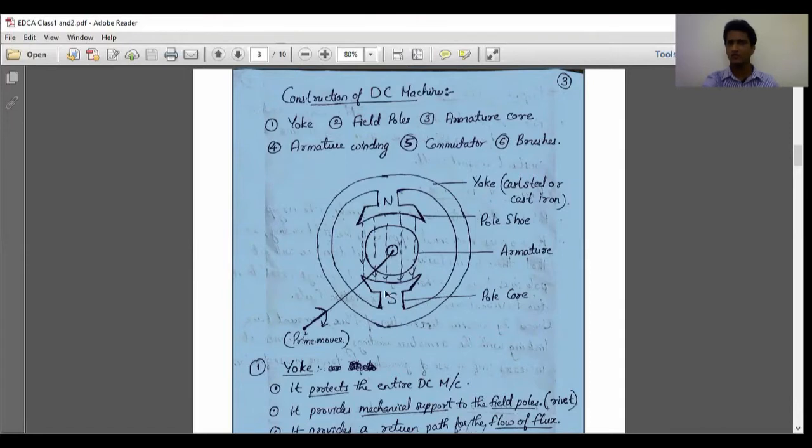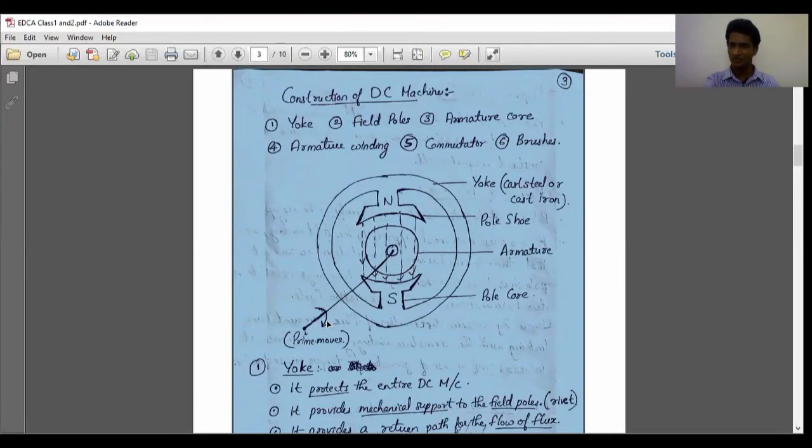Between the two poles there is an armature on which we place our armature windings. In the armature, which place are we placing armature windings? On armature slots. Clear? And it's connected to a prime mover in case of a DC generator.